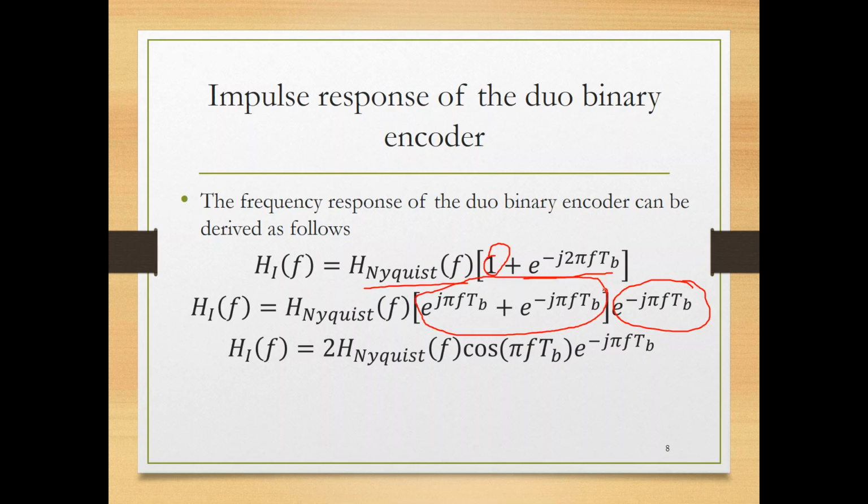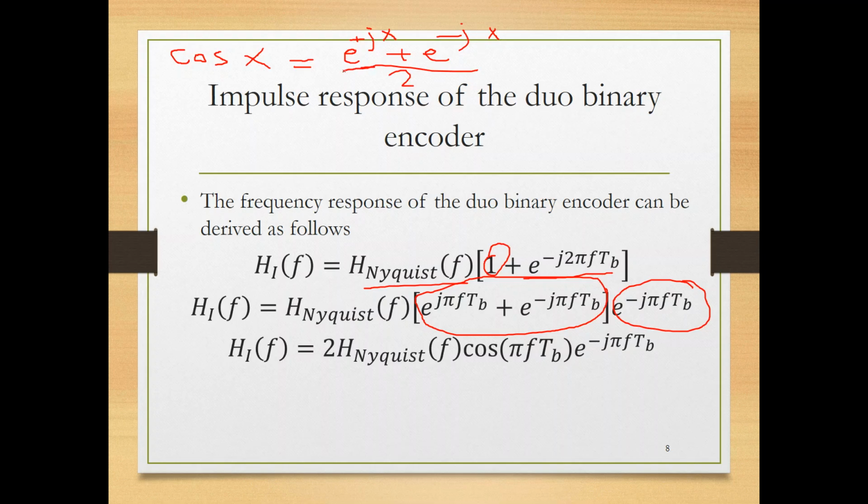So, as a conclusion, now when you see this form, what do you remember? You remember the cosine. Let's say I want to write cosine x in terms of exponentials. What does cosine x equal? It's equal to e to plus jx plus e to minus jx over 2.